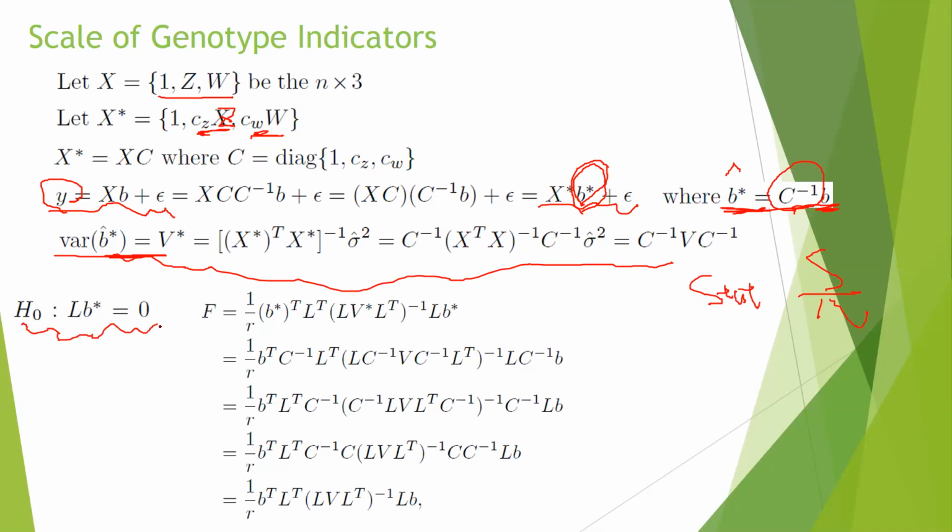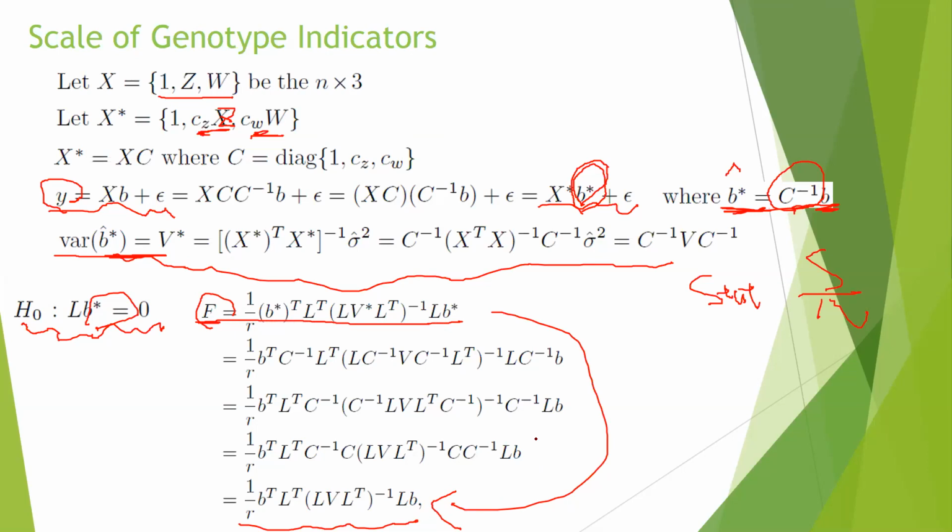Once we want to test whether B0 equals 0 or not, we use the same definition to construct an F-test, but guess what? Eventually, you come back to the original test. This is the same statistic you end up with when you use the original scale to do the test, which means if you change the scale for defining the Z variable and the W variable, it will not change your test results.